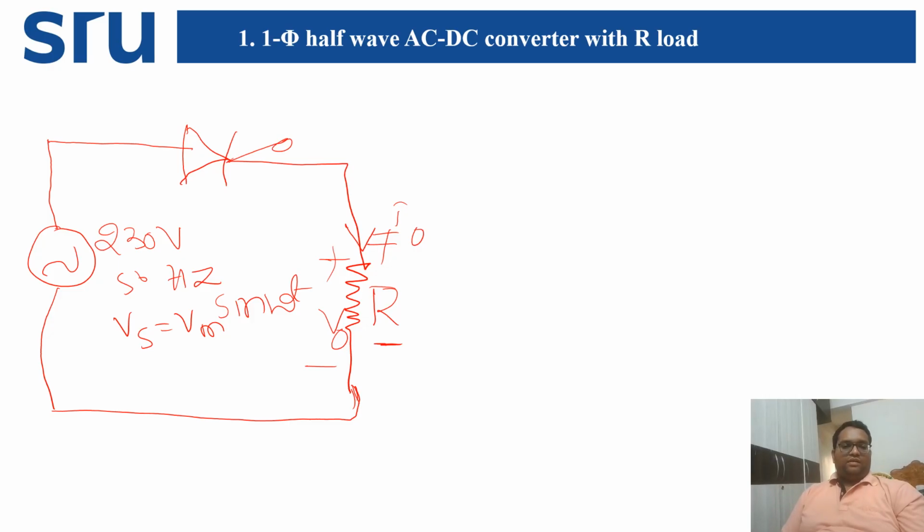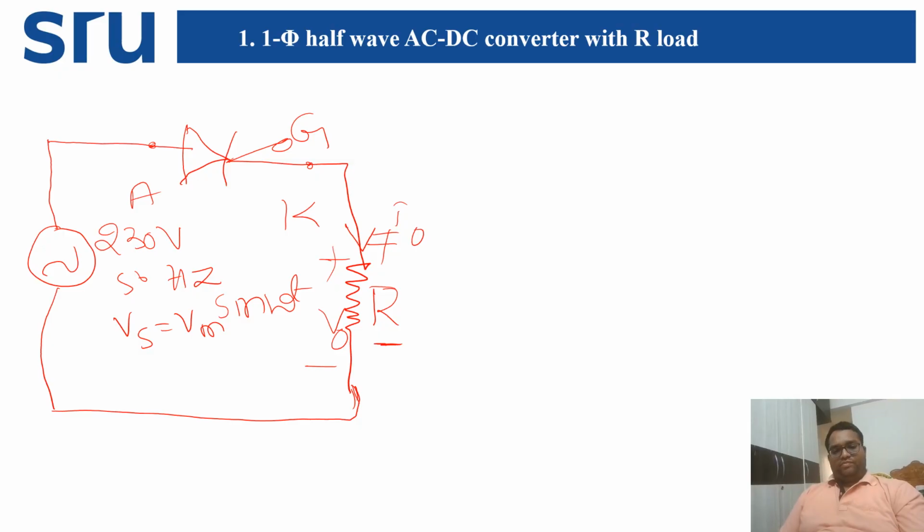Now this is the SCR, which has three terminals: this is anode, this is cathode, and this is gate.